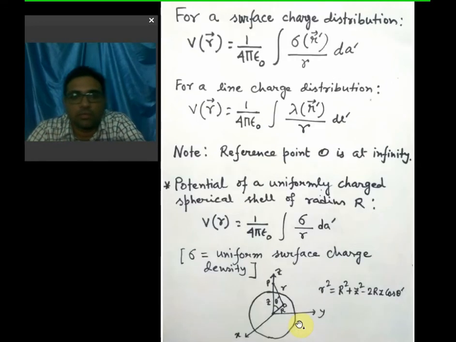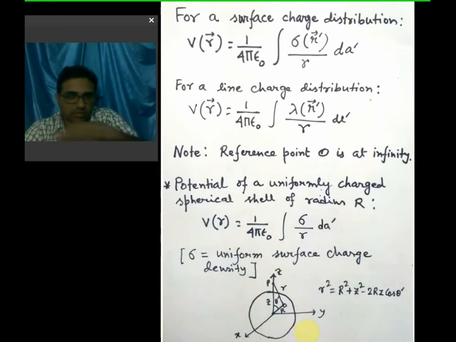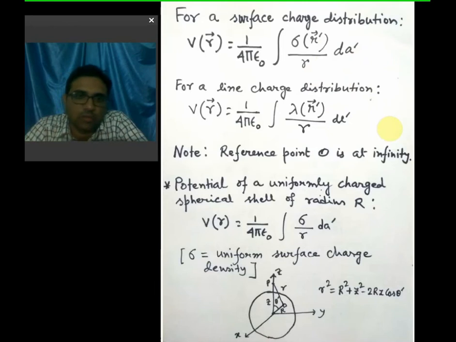Even if you want to find the potential due to a surface charge distribution, in that case you have to find this. So depending upon the form you have to do this. Different cases you can handle with these three types of charge distribution.